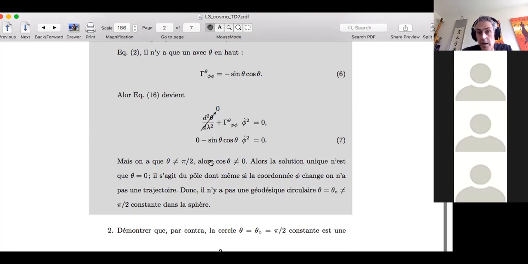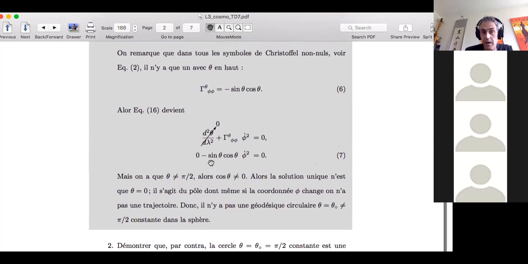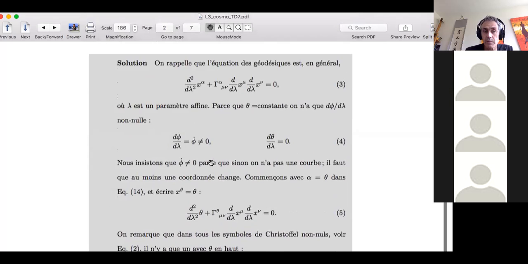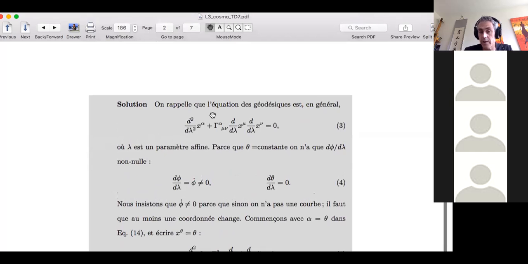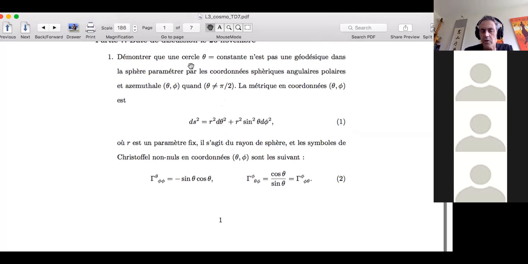So that constitutes a proof that this candidate solution is in fact not a solution. It's not a geodesic. What do these lines look like? Lines with the polar angle constant. Well, they're the latitude lines on the globe, right?